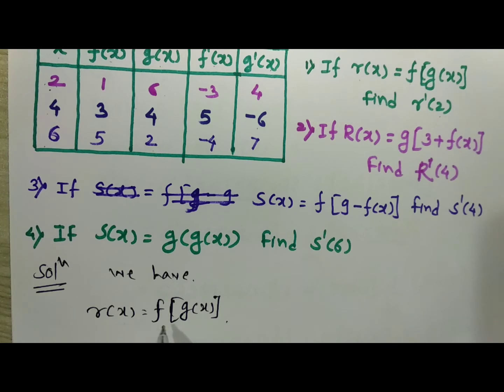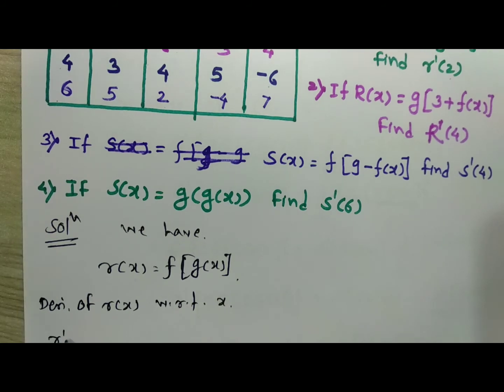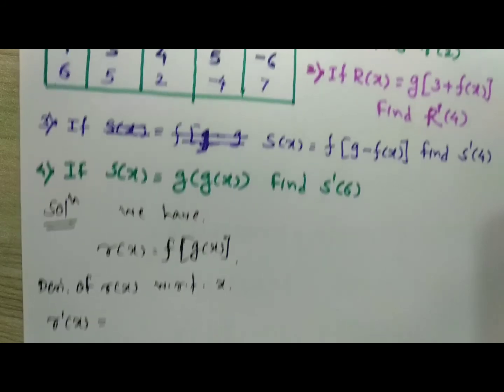Now we have to carry out the derivative of this with respect to x. The derivative of r of x with respect to x is given as r dash x.